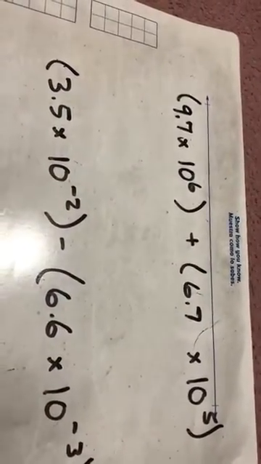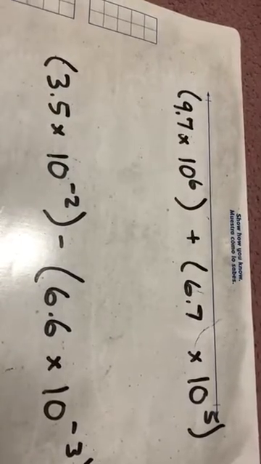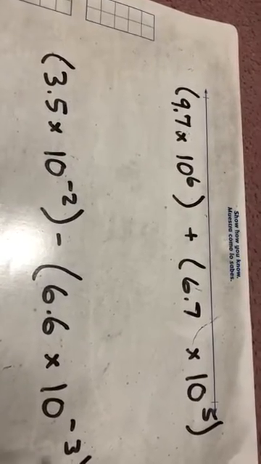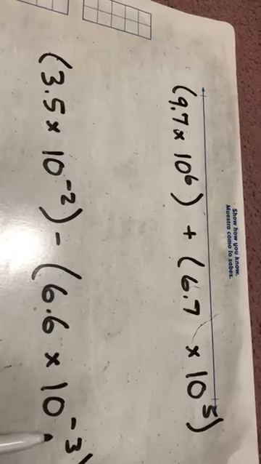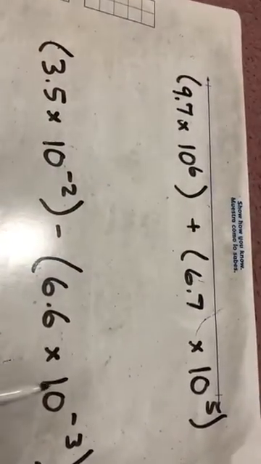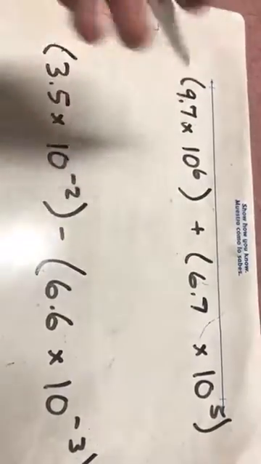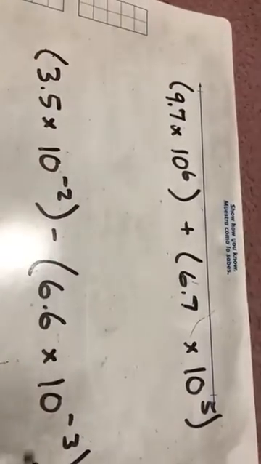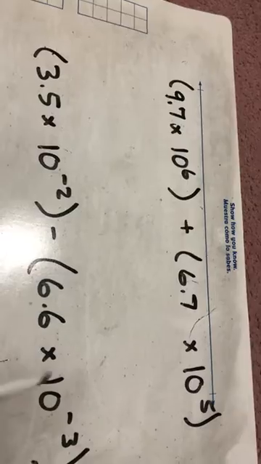Well, in this situation, I guess it really doesn't matter, but you can choose which way you want to do it. There's always one way that's easier than another. And I'm going to go over this one both ways so you can see.